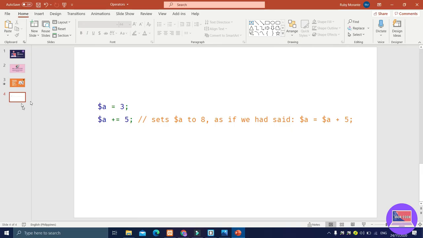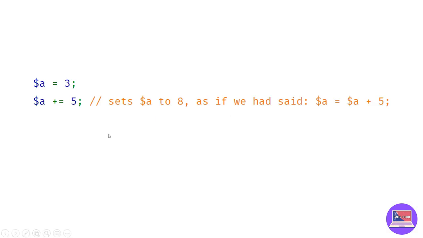So remember that when we use the plus equals operator here, we assigned a a value of 3. Okay, and we said variable a plus equals 5. Now we get 8. So how?